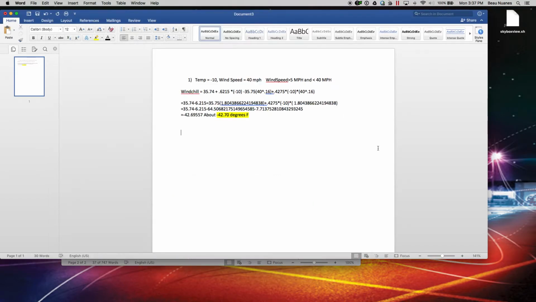So make sure that you bound your frostbite times. In other words, the times are only valid if they're greater than 0 and less than 30. I guess less than or equal to 30.